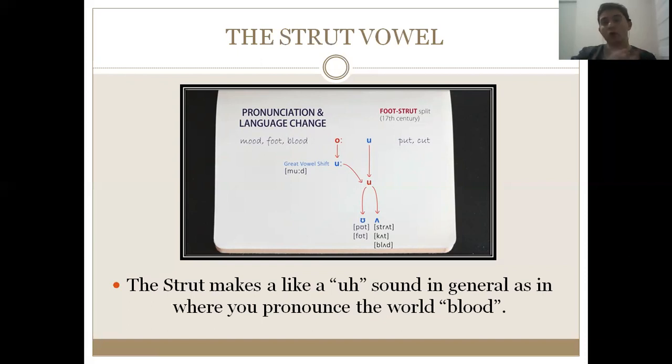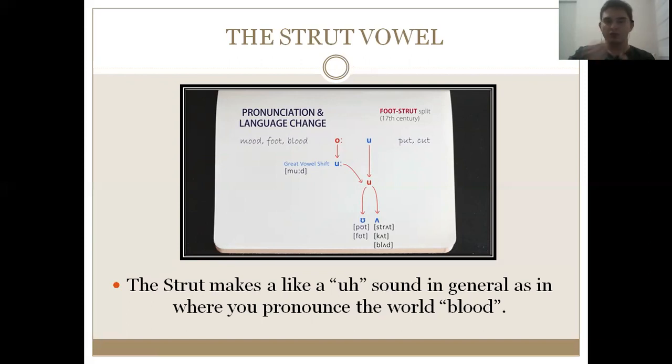So these O and U sounds, after the Great Vowel Shift, changed into more of a U sound. So "mod" became "mood", sorry, or "blood" became like "blood". These oo sounds also changed in a way that created what is known as the foot-strut split.